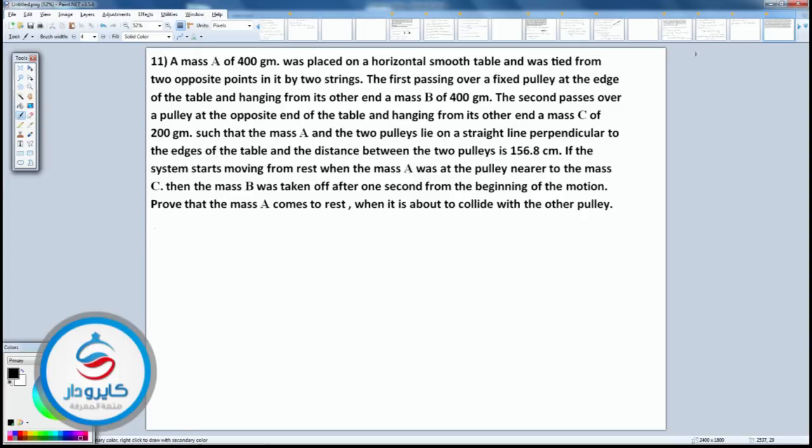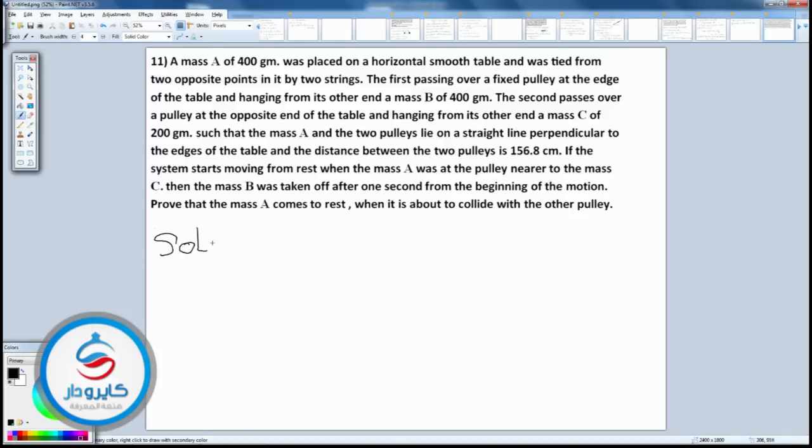If the system starts moving from rest when the mass A was at the pulley near to the mass C, then the mass B was taken off after 1 second from the beginning of the motion, prove that the mass A comes to rest when it is about to collide with the other pulley.